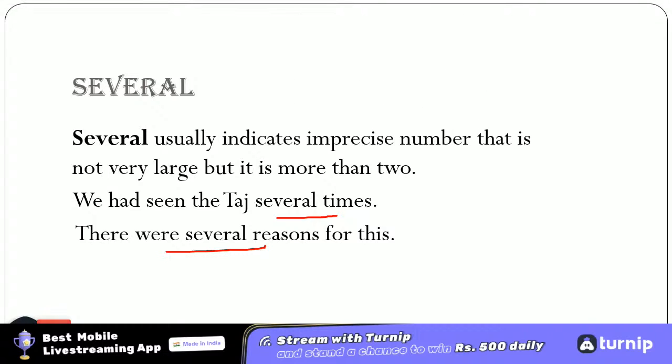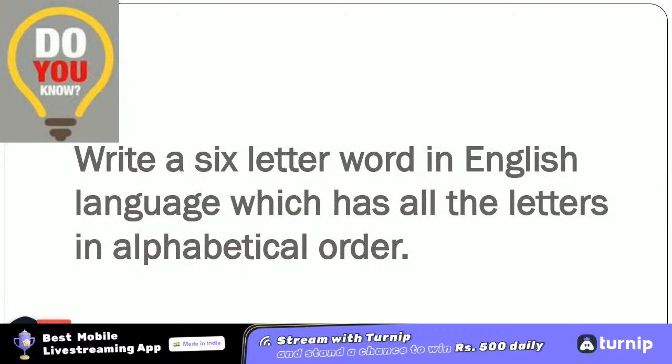Now I'll be ending the session on determiners with several as the last quantifier. There are different categories which we will be discussing in our next sessions, but I have an interesting puzzle for you. Do think of the puzzle and answer it in the comment section. You need to think of a 6-letter word in the English language which has all the letters in alphabetical order.